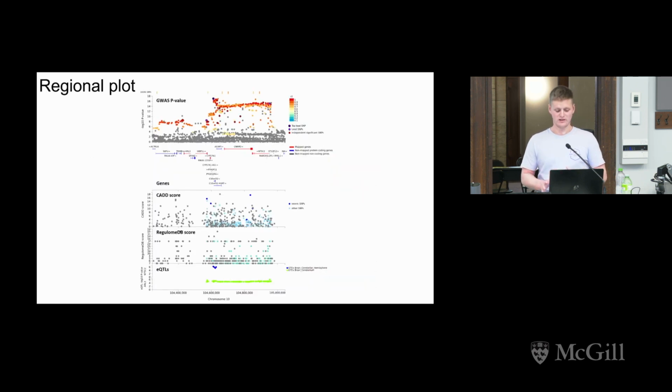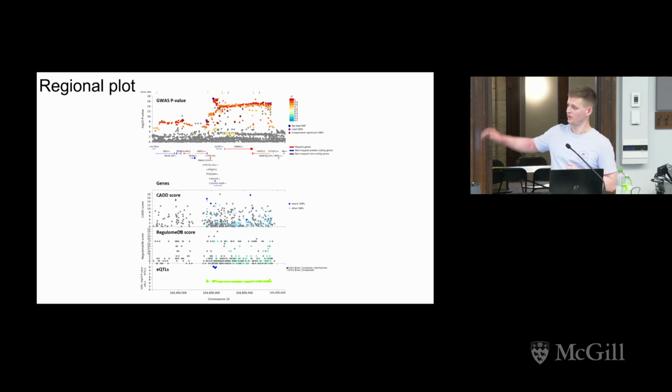Okay, so you've done all of this and you have a locus. You get this big table of all of the loci that have been defined, and then you can click on that locus and it will make this plot for you, which we call a regional plot, and it has a lot of this information annotated for you. At the top is a zoomed-in bit of the Manhattan plot with a gene track at the bottom, and you can see all of the SNPs and the LD between them, and they've been labeled if they're a lead SNP or an independent significant SNP.